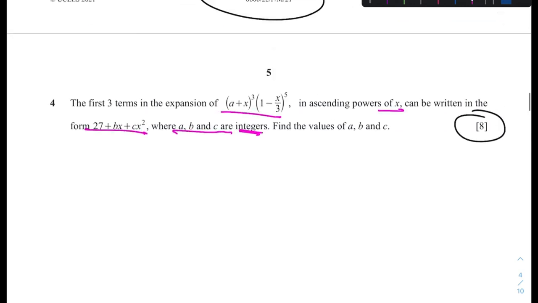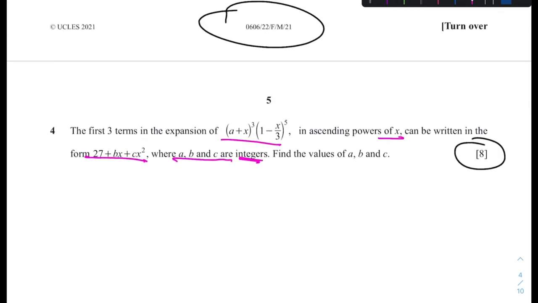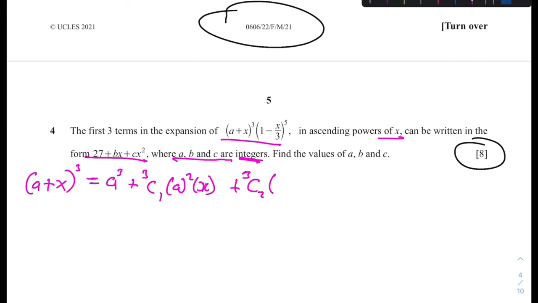All right, so let's see. It says the first 3 terms of this expansion, so I would say you just take the first one, (a plus x) to the power 3, and expand it and get the first 3 terms. That's all you need. So that will give you a³, and you have 3 combination 1, a² x. And the next thing is 3 combination 2, a to the power 1, and then x².